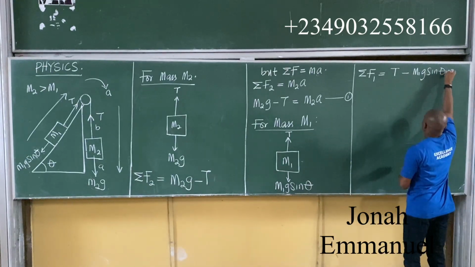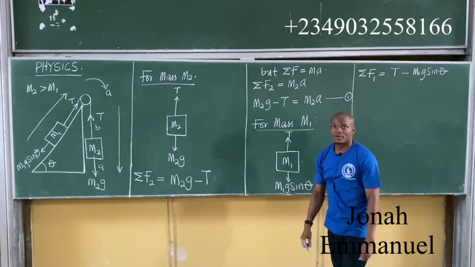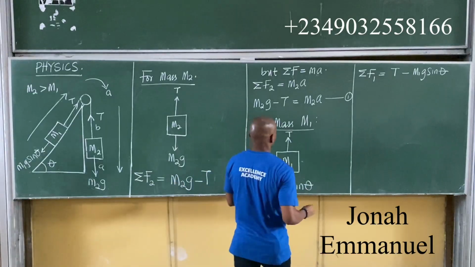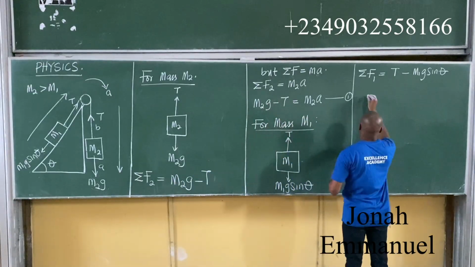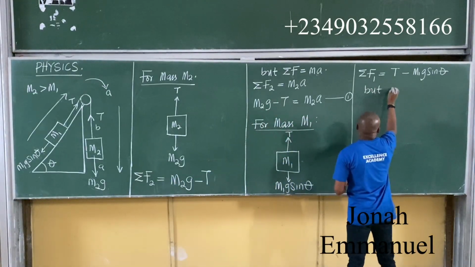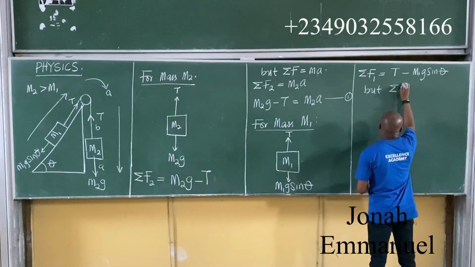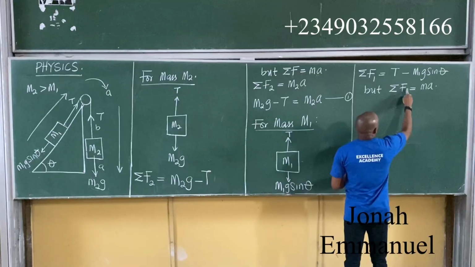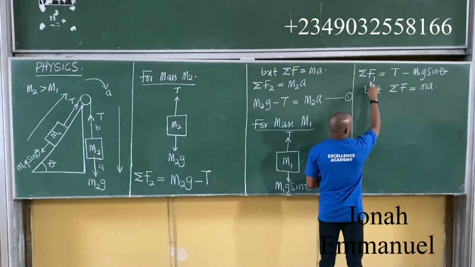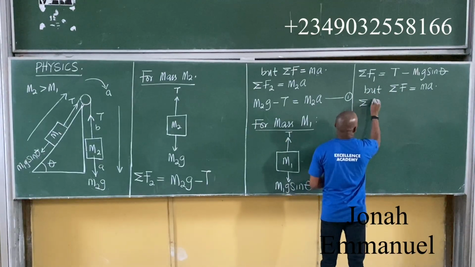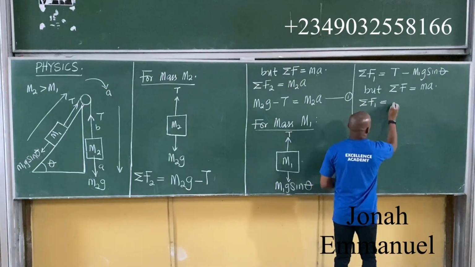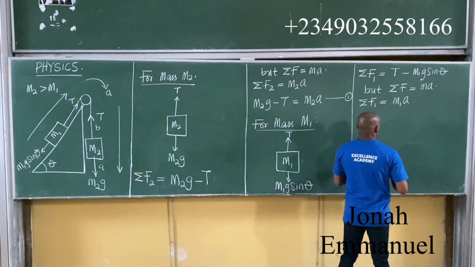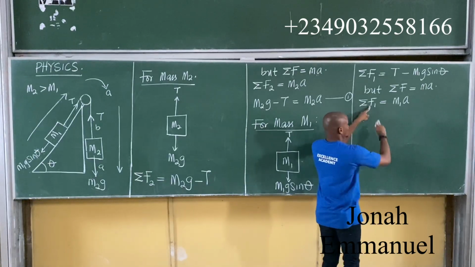M1g sin theta. Alright. The same concept here, but we said the sum of forces is equal to MA. Write this now in terms of F1. The sum of F1 is equal to M1 times A. Input the value of F1.